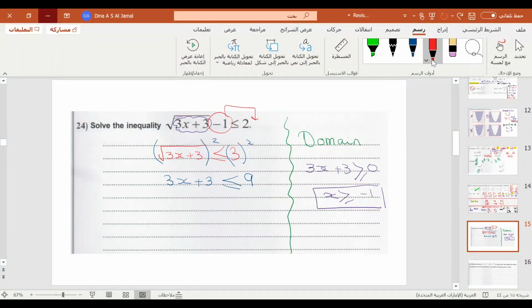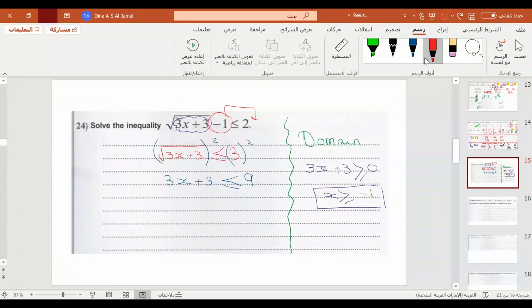Just solve this. We know that we will be rejecting one of the values. So, after solving this inequality, you will be having your x less than or equal 2.